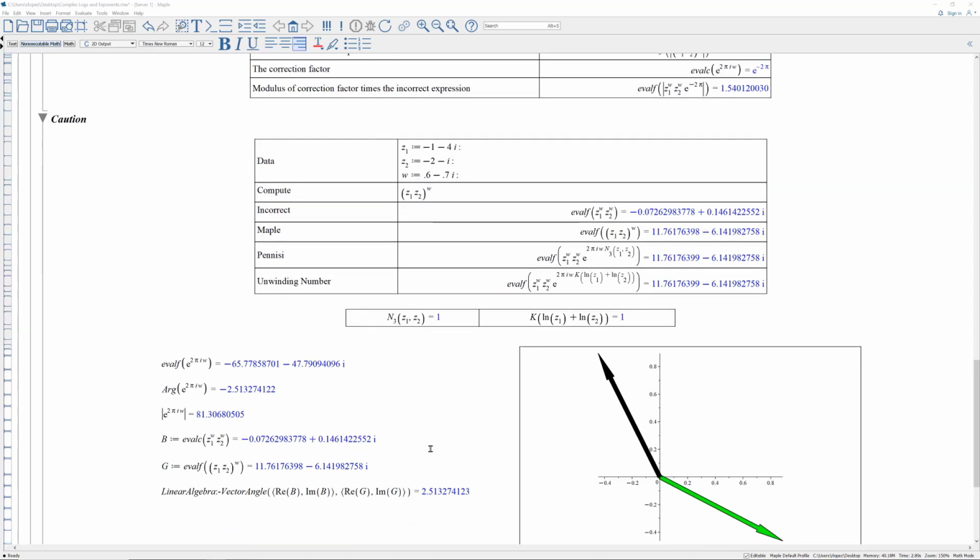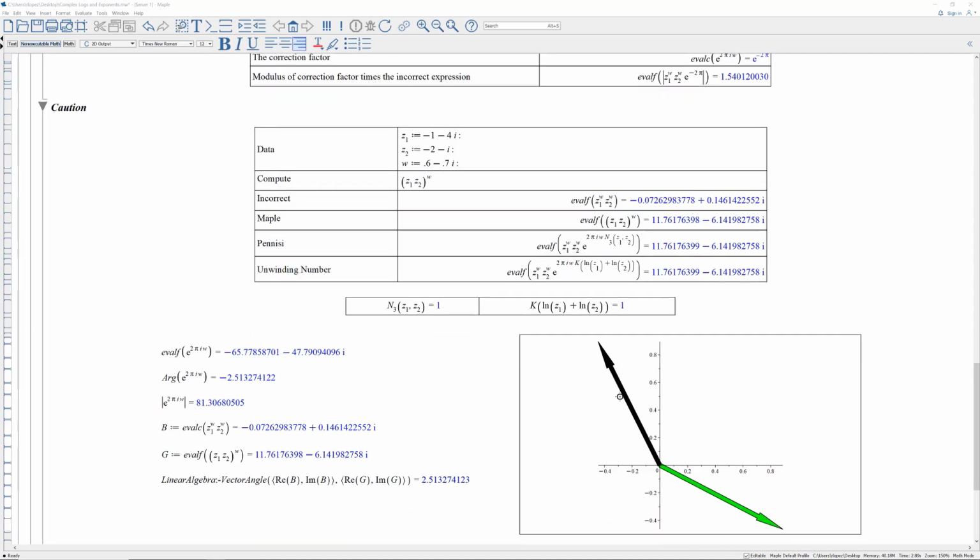Now, I drew two vectors, black and green. This is the bad one, this is the good one. Incorrect distribution of the exponent, I get this vector. Correct distribution of the exponent, which is don't distribute it, get this green one. And what is the angle between these two vectors?